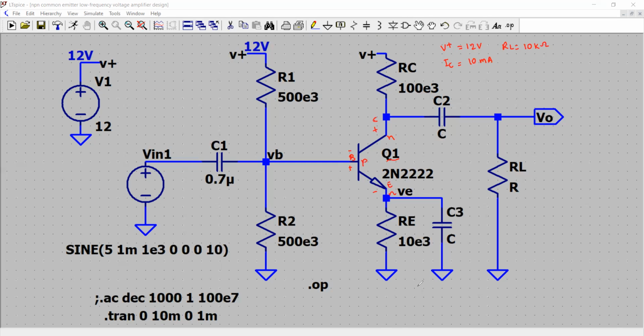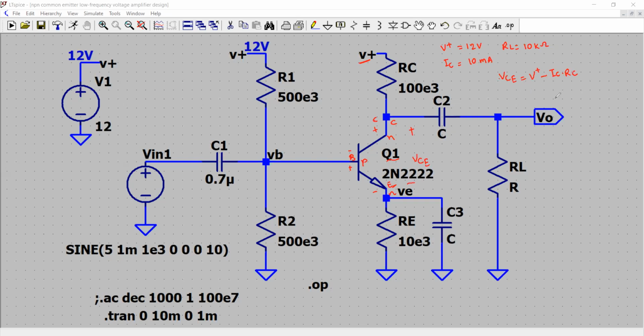So the first equation that I am going to explain to you will be like this. Here is your collector, here is your emitter. The voltage drop across the collector and emitter will be VCE, and that equation can be written as VCE equals VCC or V plus minus IC times RC.